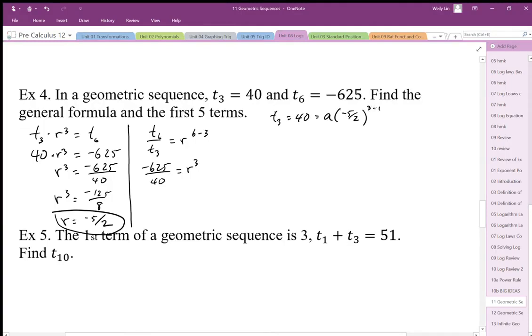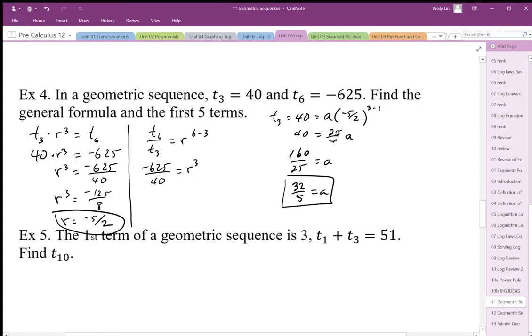So there are 2 steps from the first term to 40, and then I can work out A. This is going to be 25 over 4 times A equals 40. So I end up with 160 over 25 equals our A value, and we can simplify that by dividing by 5, so 32 over 5 is equal to our A value.